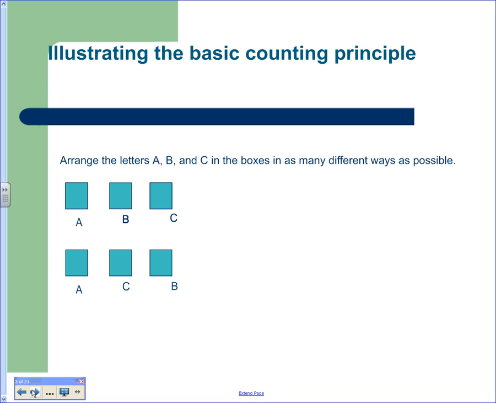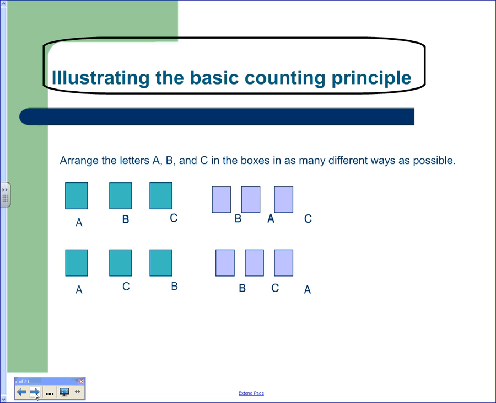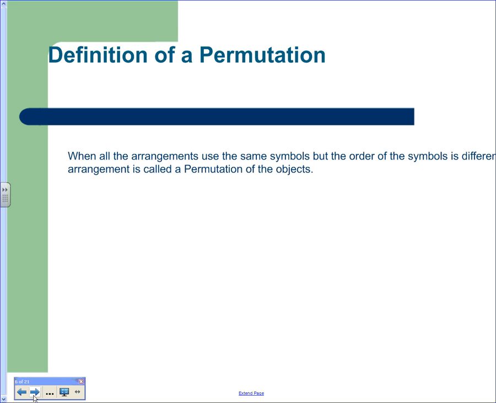So those are all the ways that you can arrange them. We don't have to go over that because you already got it. Okay, so what is a permutation? I've talked about permutation and combination very briefly in a math knowledge question, but it's when all of your arrangements use the same symbols, but the order of the symbols is different.